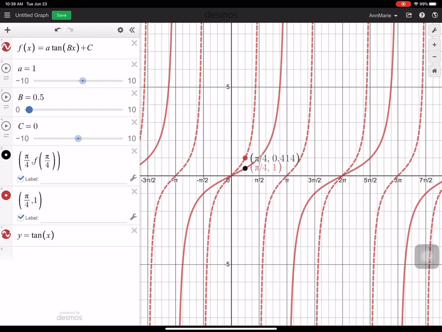Well, you can see what happens. We spread out our solid curves. So the period becomes, in this case, it repeats itself every 2 pi units. Okay, so let's work a couple of examples in the next video.